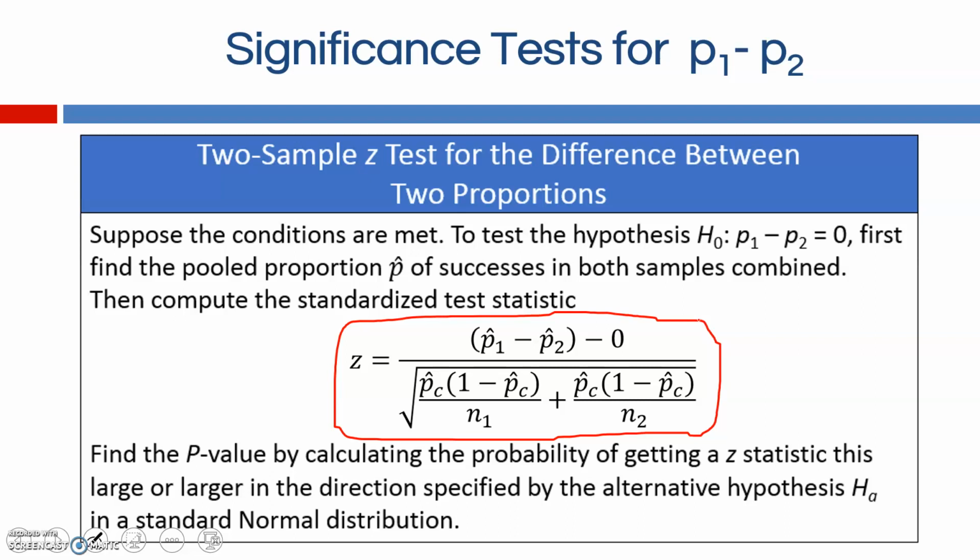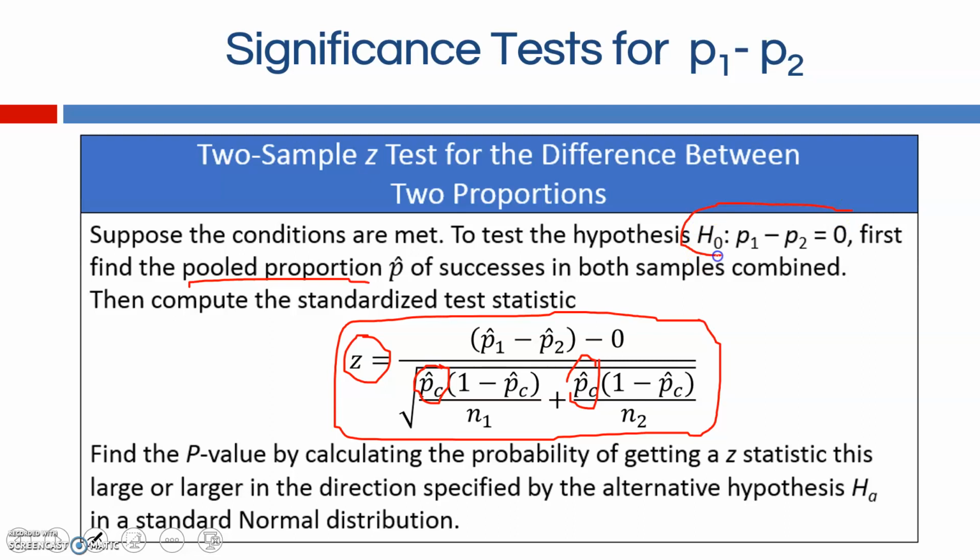All right, so just a couple things to keep in mind. You need a pooled proportion when you are calculating this test statistic. And if you look in the denominator, we have some references to that p-hat sub c. So that pooled p-hat or that combined p-hat goes on the bottom.